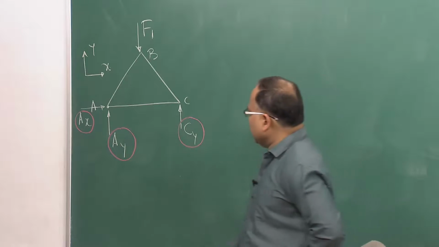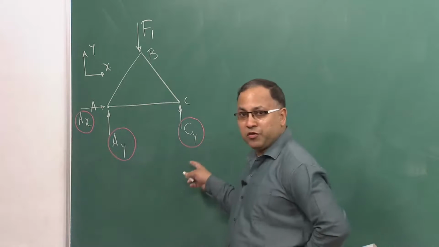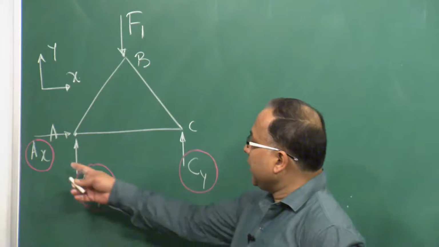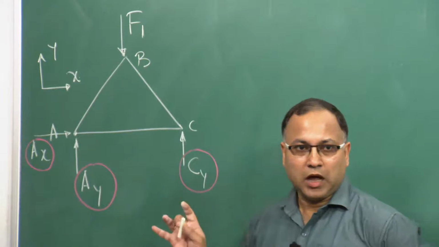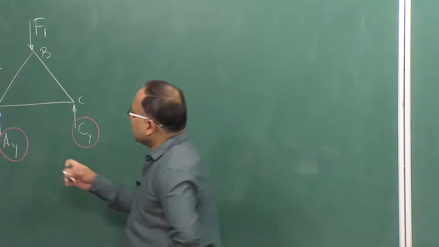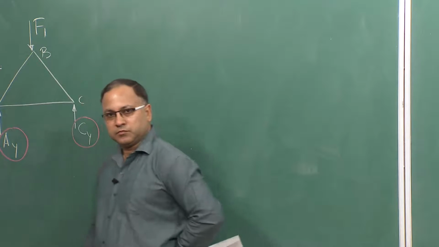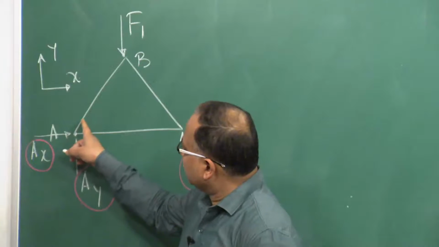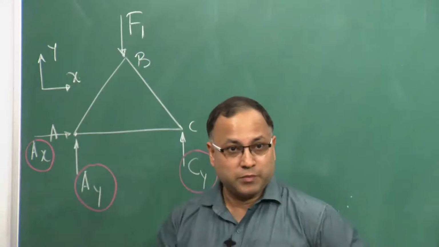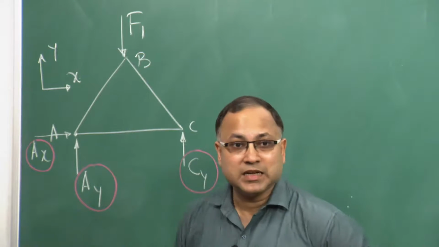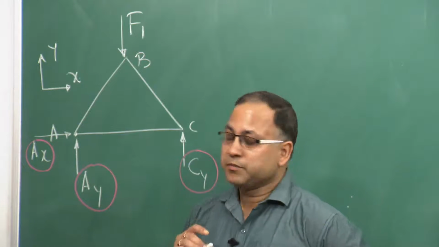From the equations of equilibrium you have got the magnitudes of Ax, Ay and Cy, so now they are known to you, they are not unknown. So, if you come to this joint A, because AB is a 2 force member, AC, all members are 2 force members, it could be either tensile or compressive.